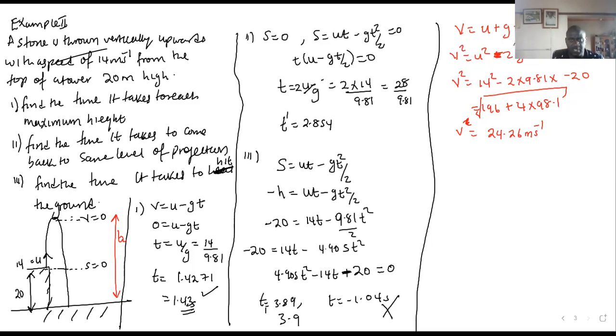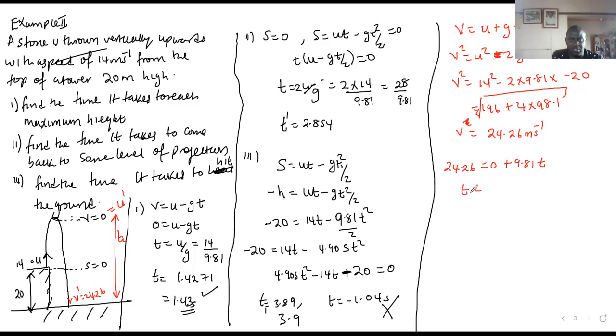Now, when you substitute here, because it is coming from up here, this is the initial velocity. So the final velocity down here is v prime, which is 24.26. So you will have 24.26 is equal to 0 plus 9.81 times time.